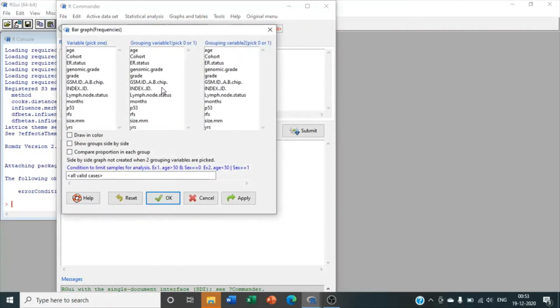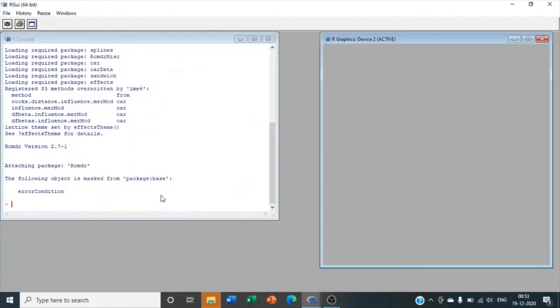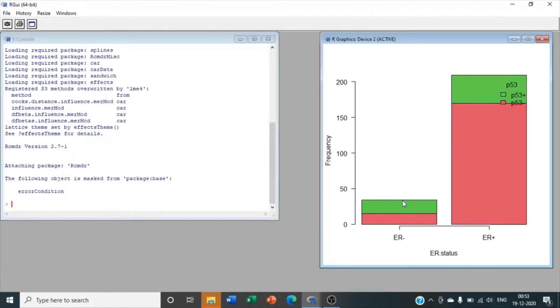Now, bar graph, what do we see? We see the relationship between P53 status and ER status. So, first let us draw in color, let us see what it looks like. Now, while seeing this graph, P53 mutant has been shaded green over here, P53 wild type shaded pink.